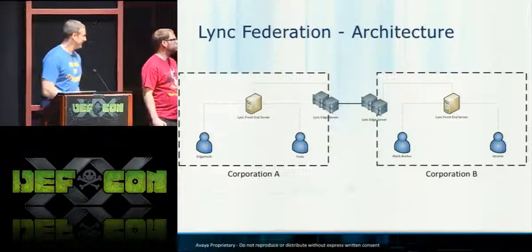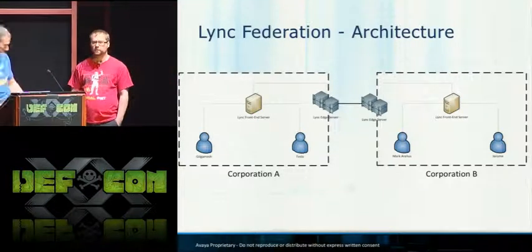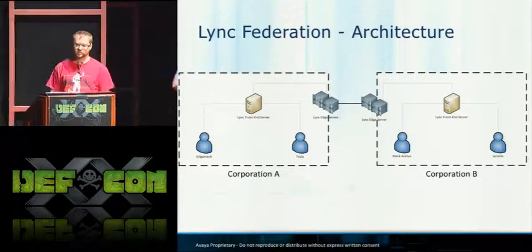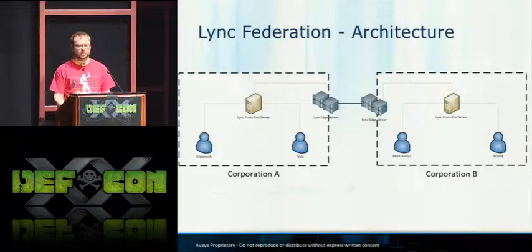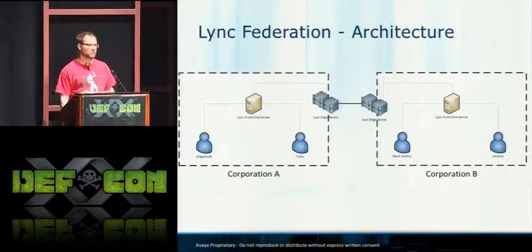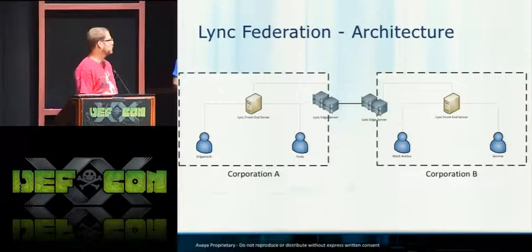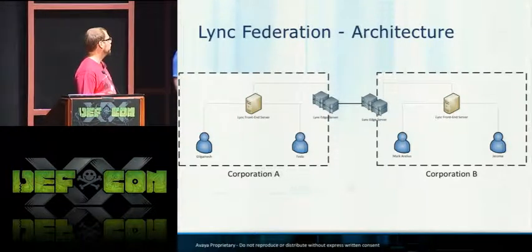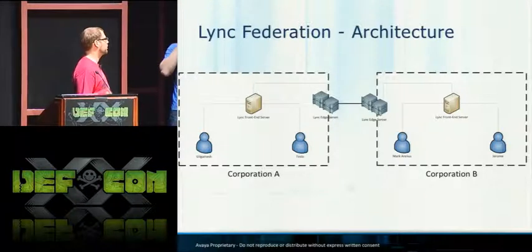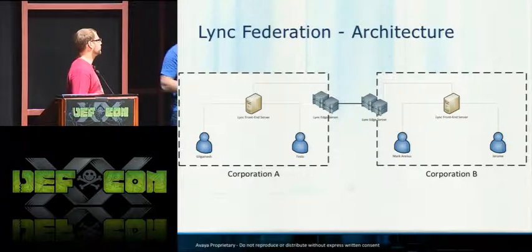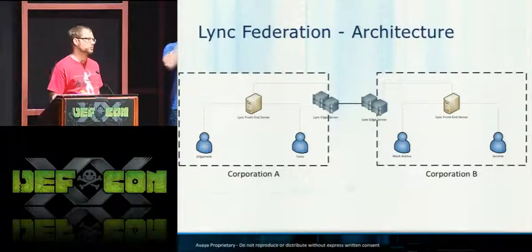All right, this is a really high-level overview of how Link architecture looks. You have edge servers, and that's how people connect through the public internet. And behind that, you have the Link front-end servers for internal users. The front-end servers really just negotiate authentication for the back-end, and it still works the same way with DNS SRV lookups.